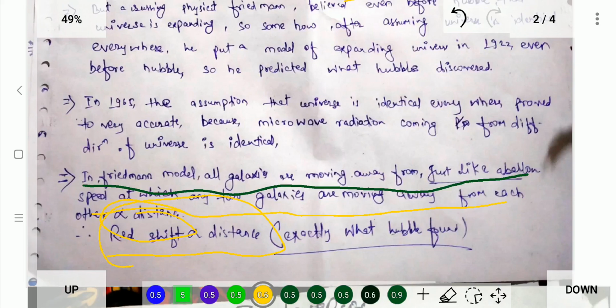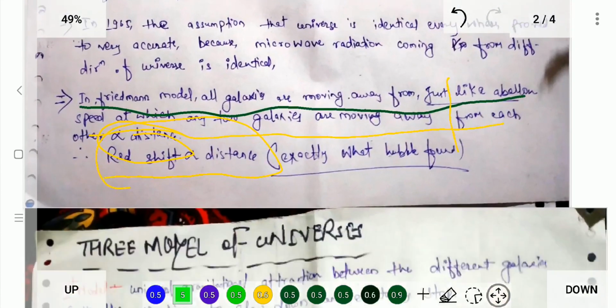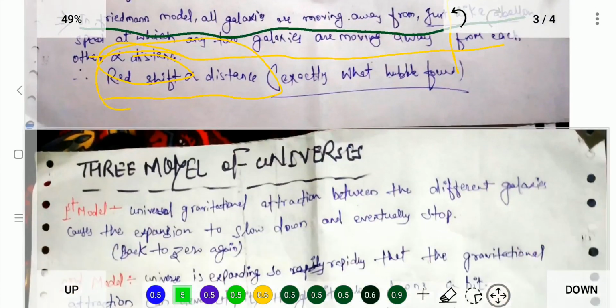What we see is definitely true. What equations say might not be true, but what we see, that galaxies are moving away from each other, is definitely true. Therefore, the expanding model of the universe came to be correct.